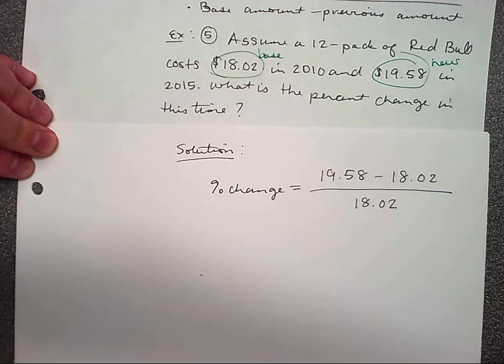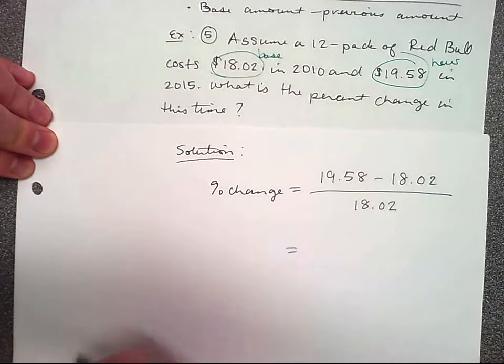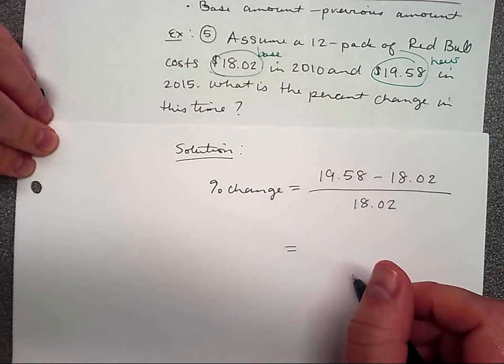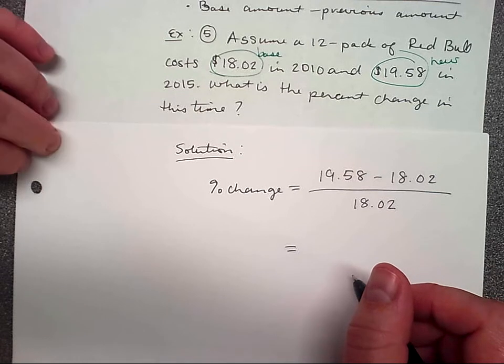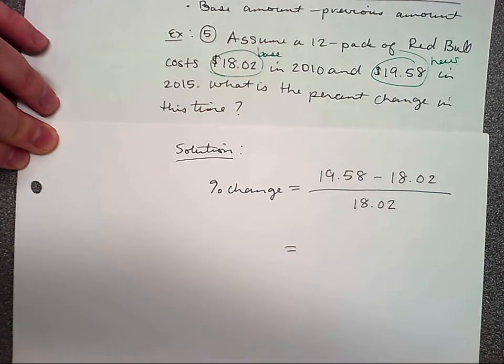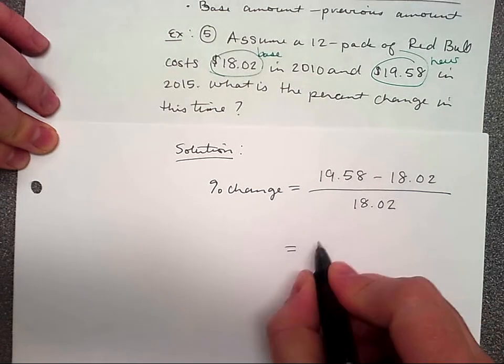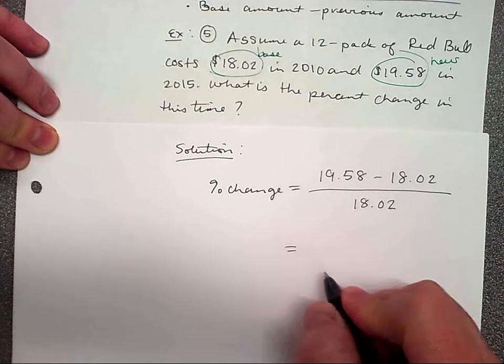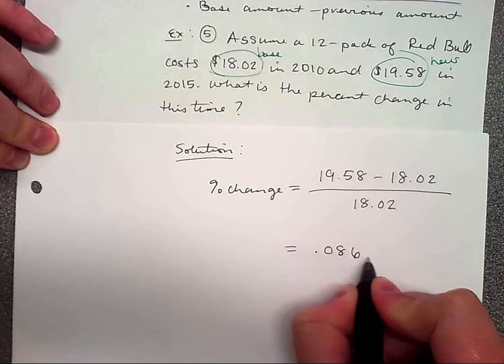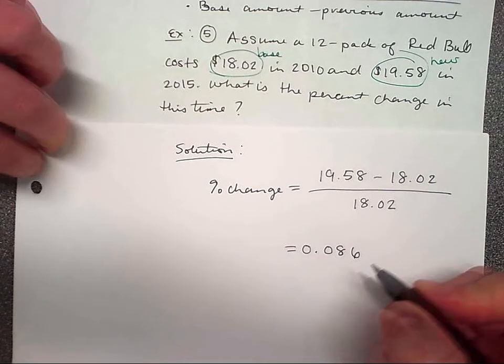Okay? Who's got a calculator? What did you figure out? If you put this in your calculator, I want the answer. Oh, okay. I got 0.086. Is that what you guys got?